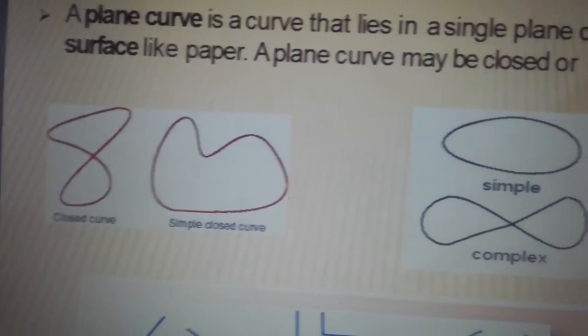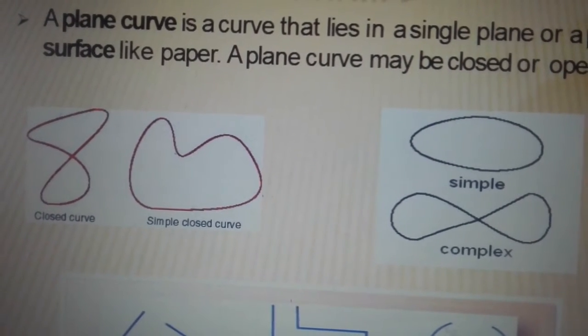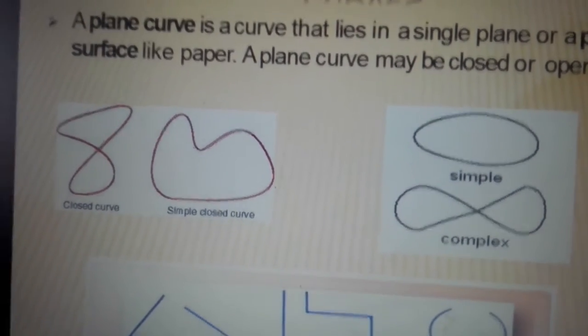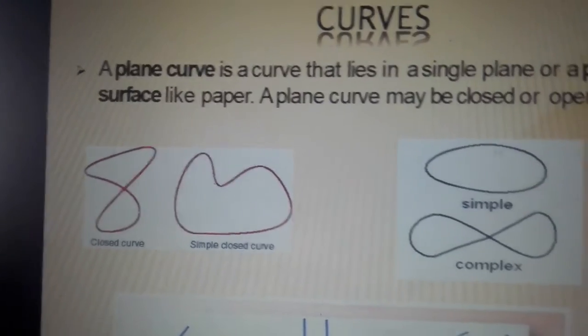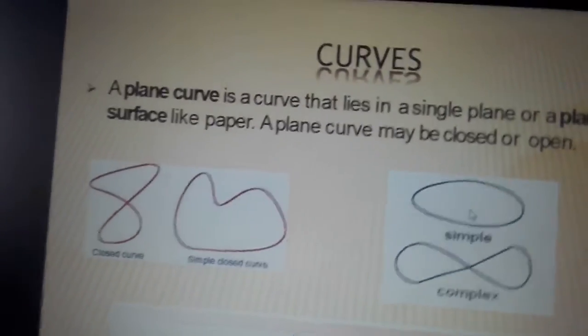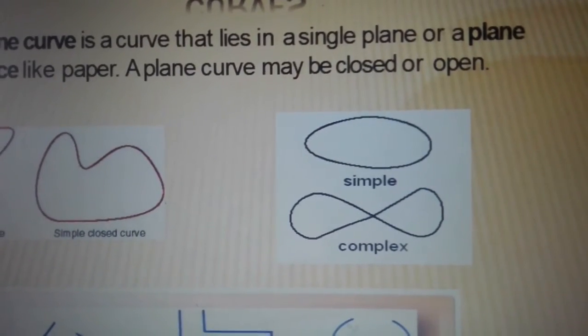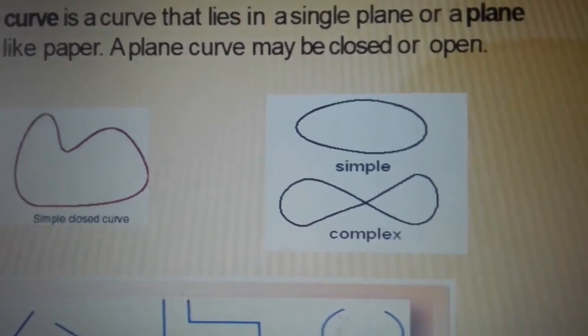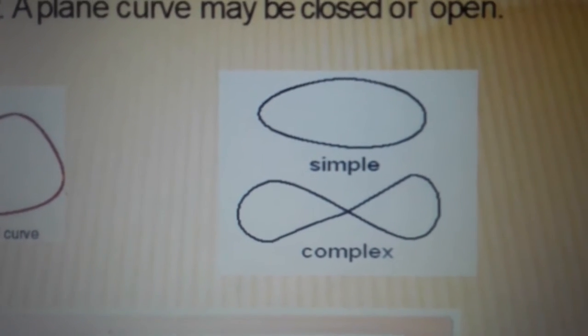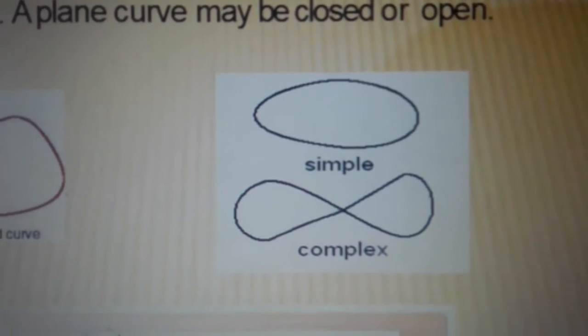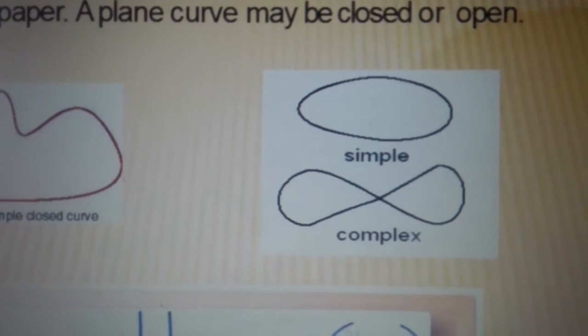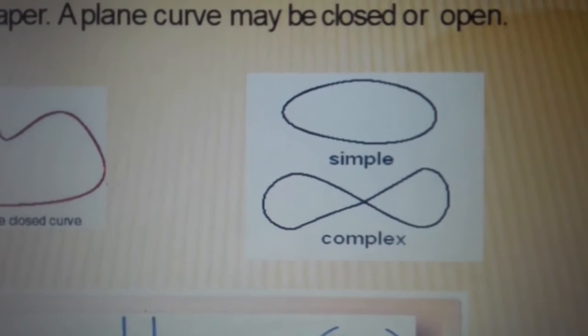Look here, there is only one starting place and ending place. The next one is a simple curve. Simple curve means it's like a circle. Complex curve means it looks like 8. So these are a few examples of closed curves.